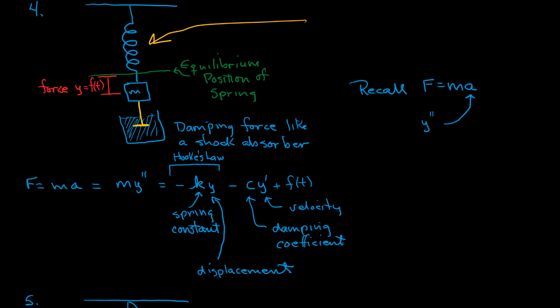Then what we're also going to have happening here is that we're going to be losing some energy through the damping force. The damping force is going to be right here. Okay, there's our damping force. It's this part. And what's going to happen is we're going to have a couple things going on. The damping force is going to be taking movement out of the system. It's going to be taking acceleration out of the system.